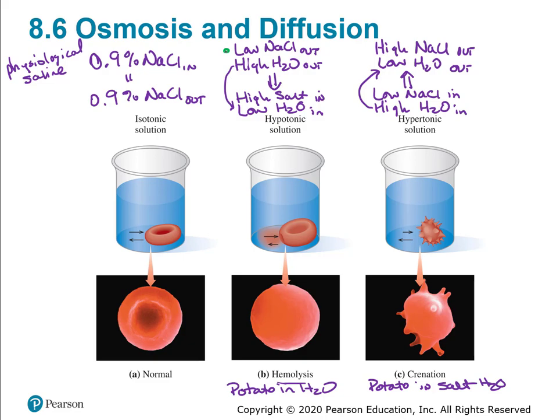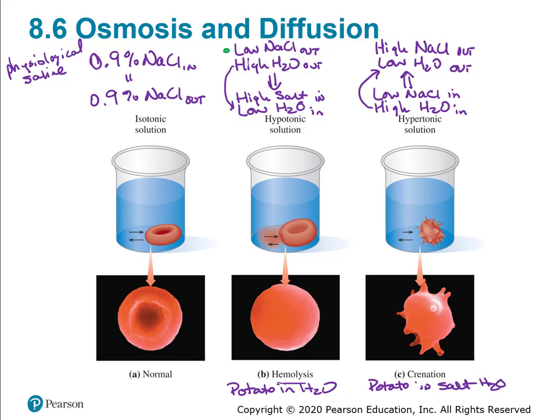See how the third one is high salt outside? That's hypertonic. So it's movement of water, but the name refers to the solute, which sometimes seems counterintuitive, right? You would think the name would refer to the water, but the name's talking about the solutes that are dissolved, but the water is what moves. The water moves to try and balance out the solute difference.